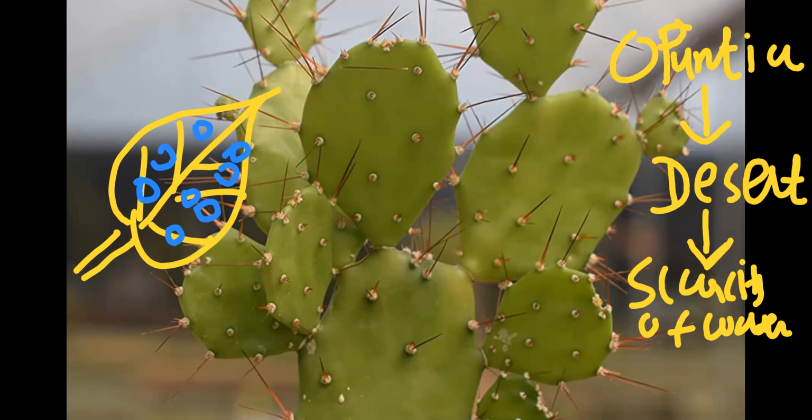Stomata perform which function? Stomata role, correct. Transpiration. Transpiration meaning, remember, water loss in the form of water vapor.